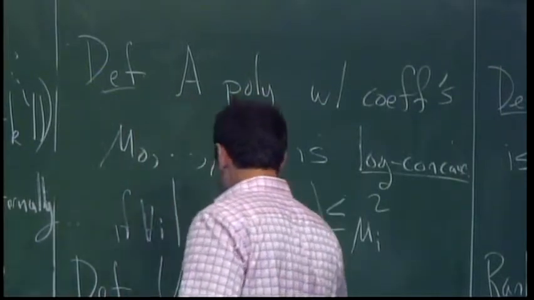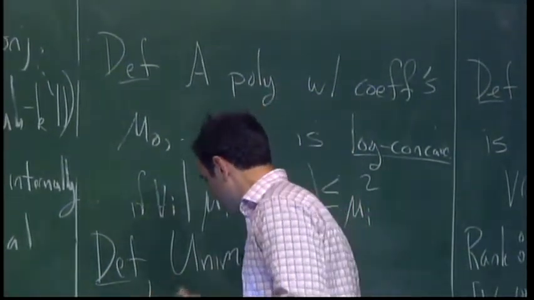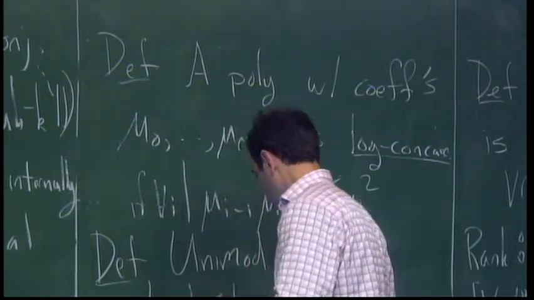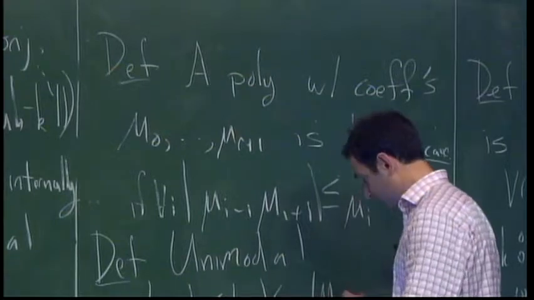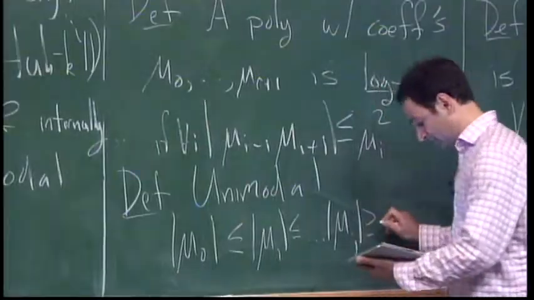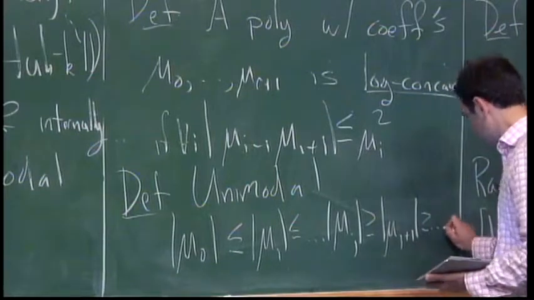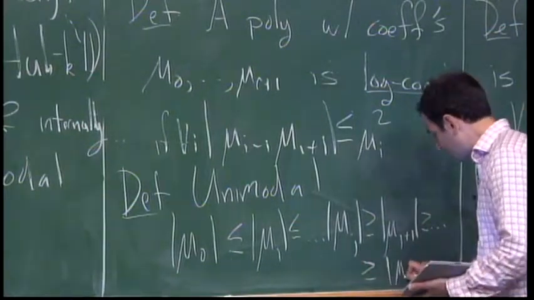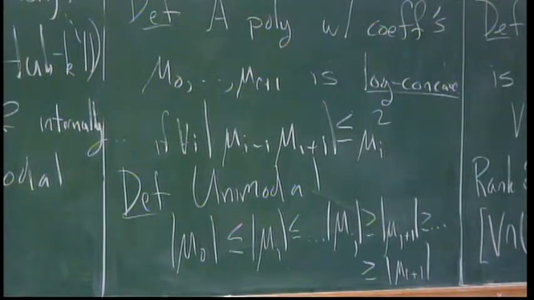So here unimodal means the following. And we don't know where the peak is.